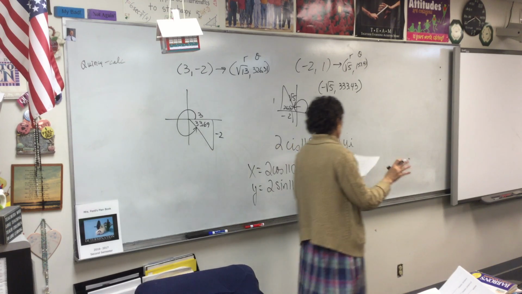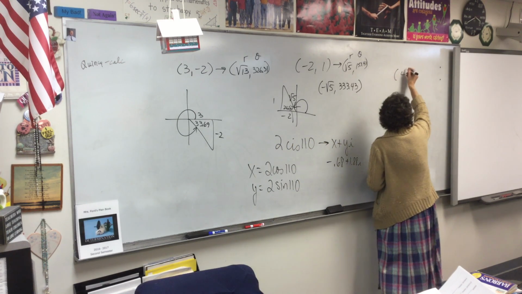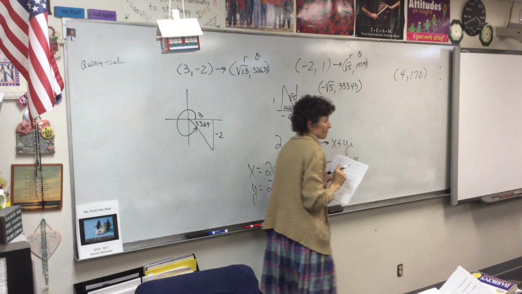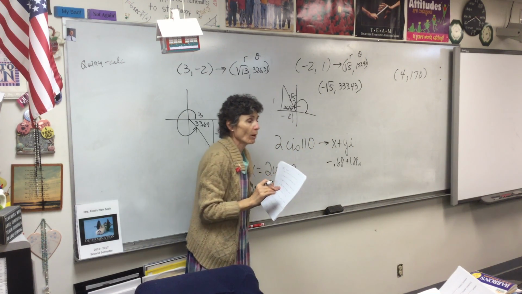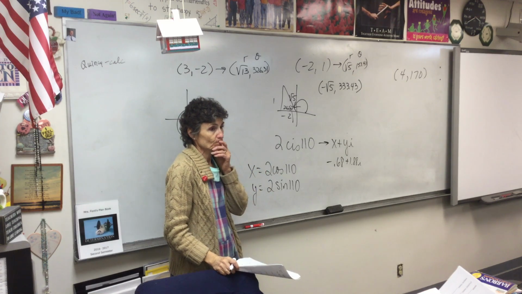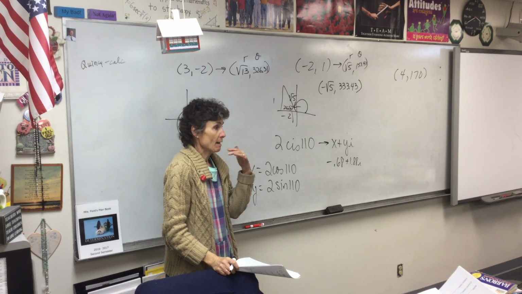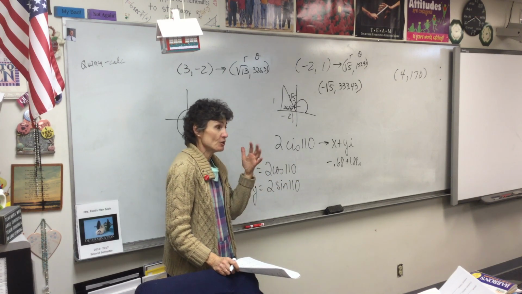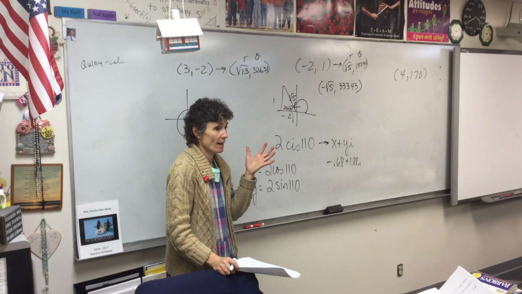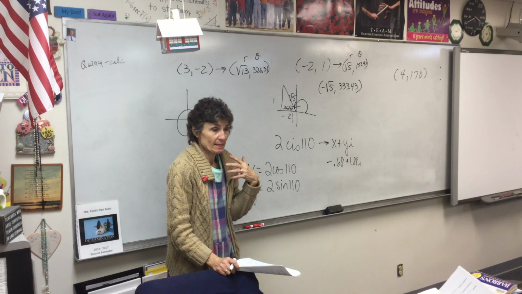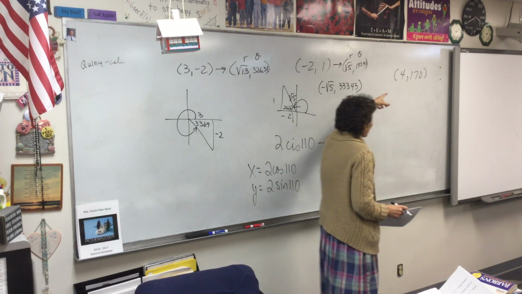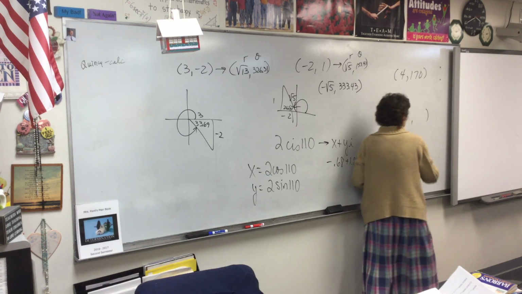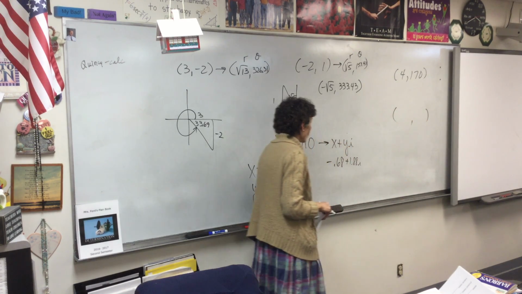Now number 4 is really the same question. What do I mean by that? It's the same thing. I'm still finding x and y. Gonna do it exactly the same way. The only difference is because that's an ordered pair, when I write my answer, I will write it as an ordered pair.